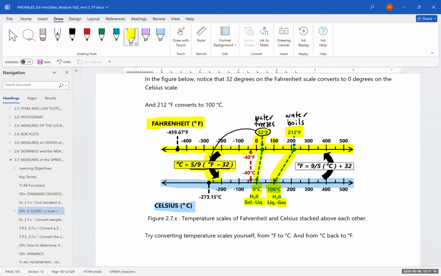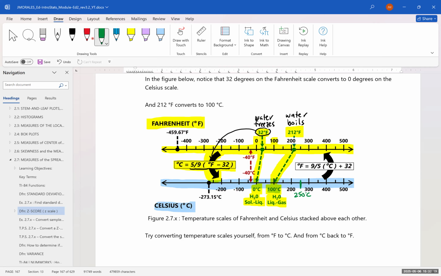Now, what if we wanted to go back? What if we wanted to take degrees Celsius and convert that into degrees Fahrenheit? For example, on this scale here, let's say we had 250 degrees Celsius and we want to convert that into degrees Fahrenheit.